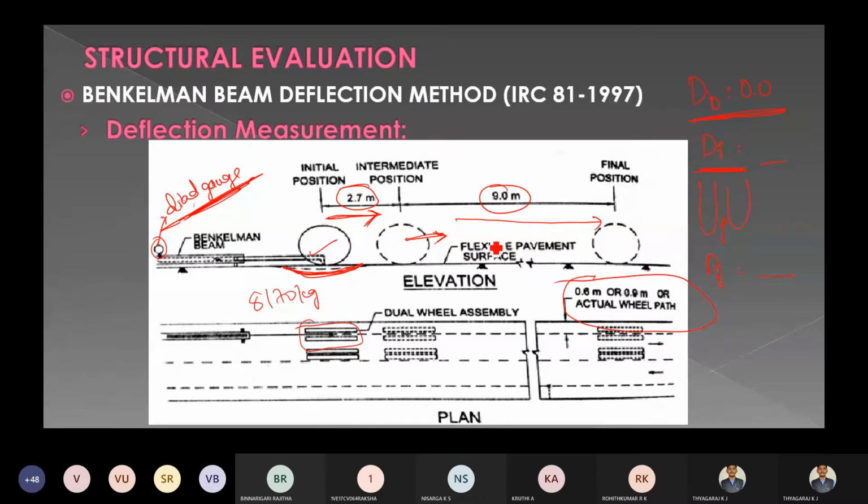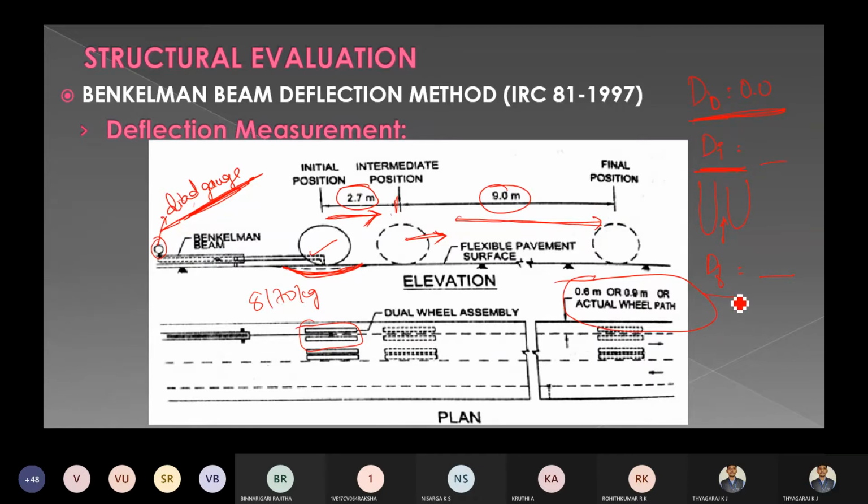Then afterwards, you are going to move the vehicle again to a distance of 9 meter. From this point you move 9 meter, stop the vehicle, and the reading will be recorded in the dial gauge.